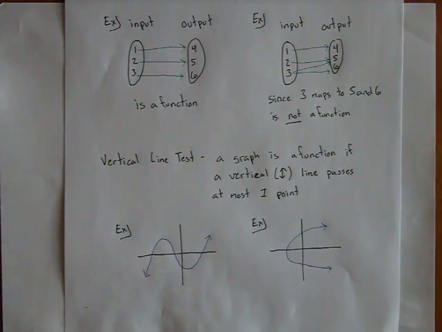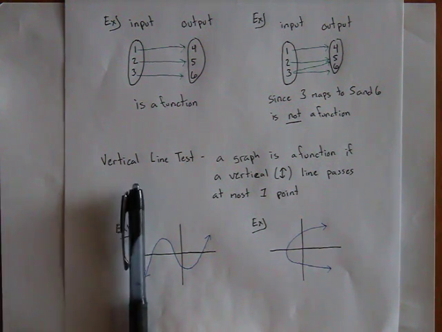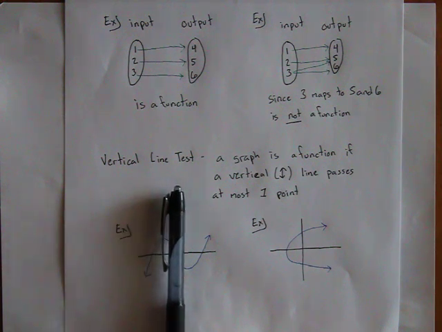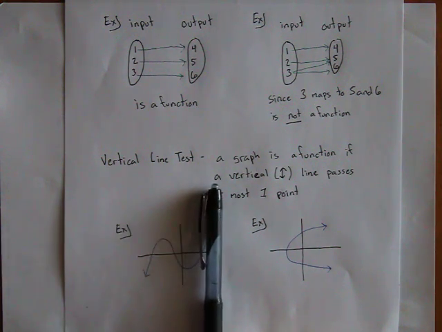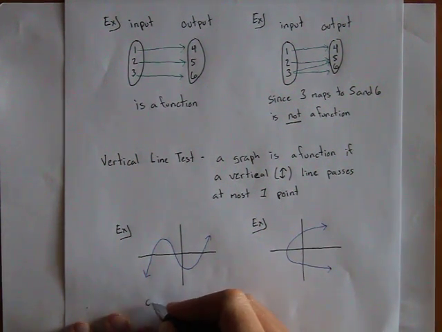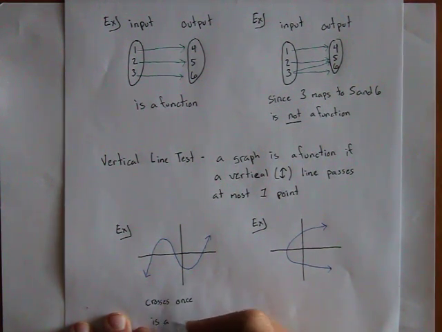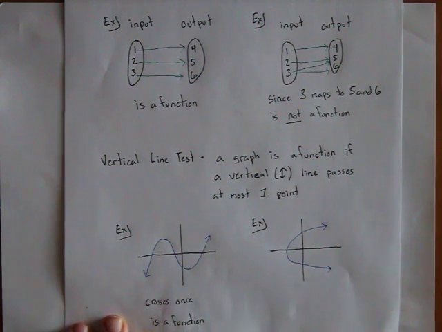Okay? And here's the deal for vertical line tests. Vertical means straight up and down, right? So imagine a vertical line going from left to right. And if I draw this across, it never crosses my graph more than once. It only ever crosses once. So, crosses once, and my graph is a function. Okay?